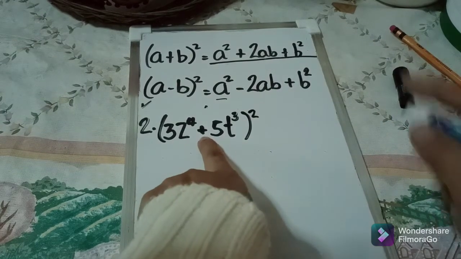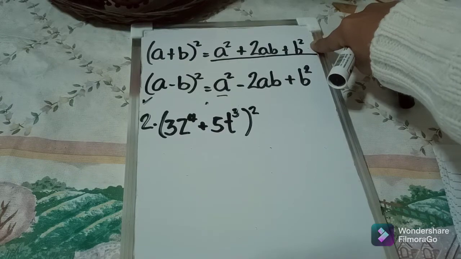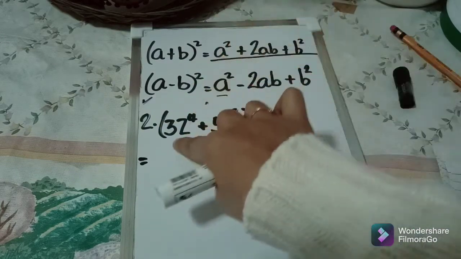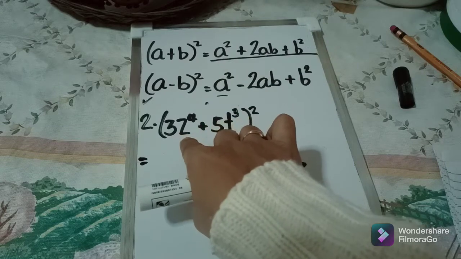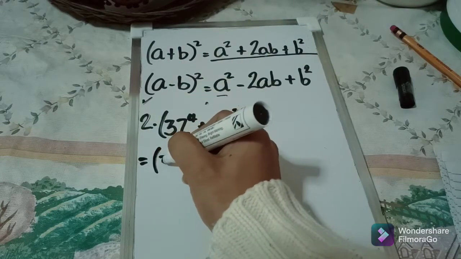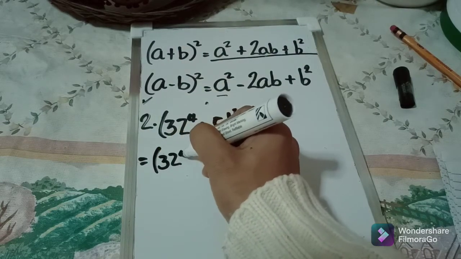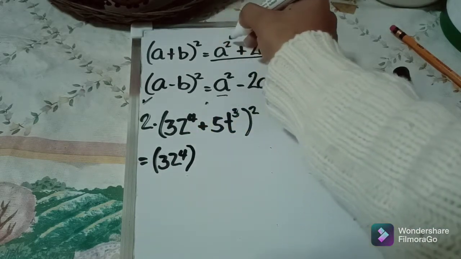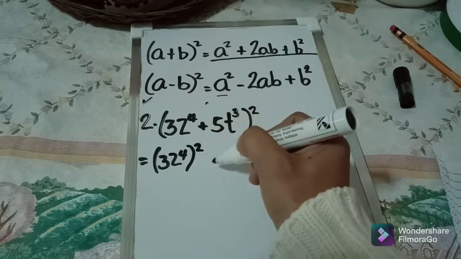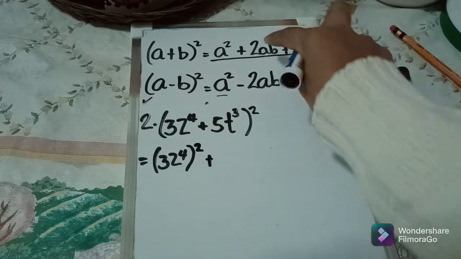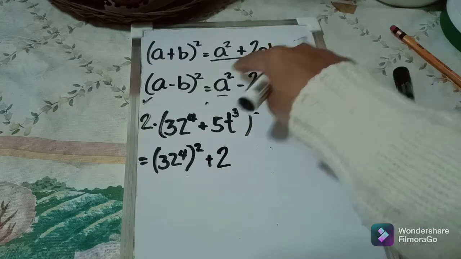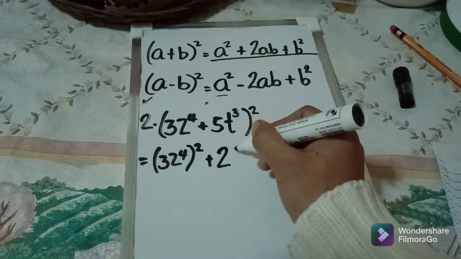Since it's plus, we use the plus formula. The first step is a squared. Where is our a? This is our a, so we have (3z to the 4th power) squared. Don't forget the square. Plus 2, and then a.